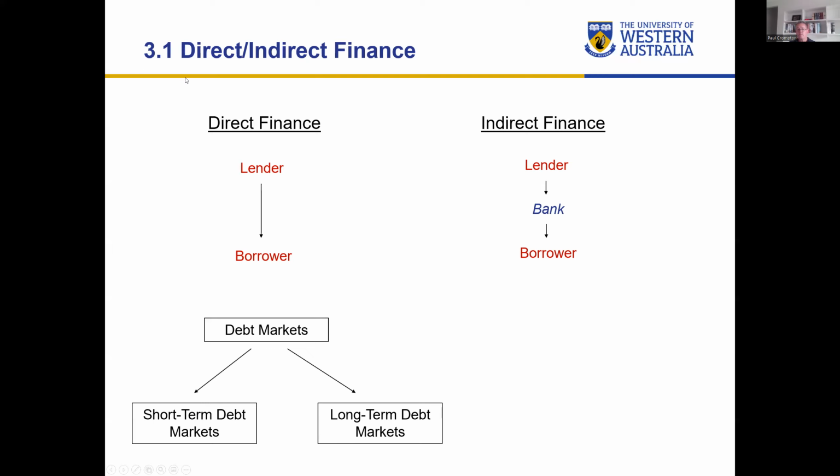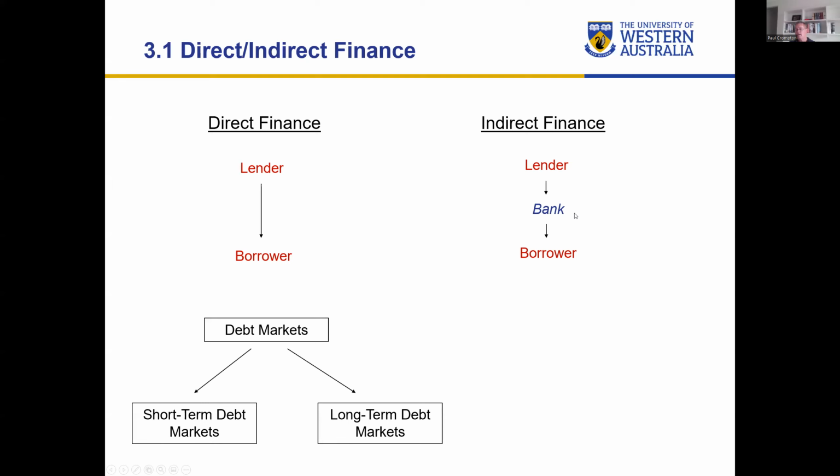Okay, so that's the difference between direct and indirect finance. Now, we will be coming back and talking more about indirect finance, that is, what affects interest rates such as mortgage interest rates that the banks charge, what affects interest rates such as small business loan interest rates, car loan interest rates, student loan interest rates.